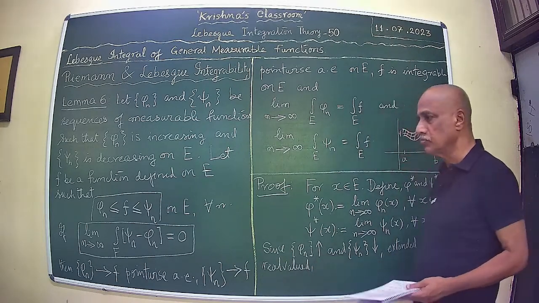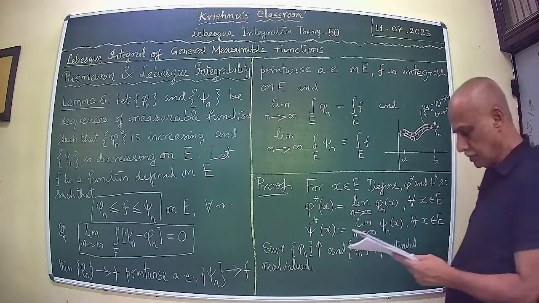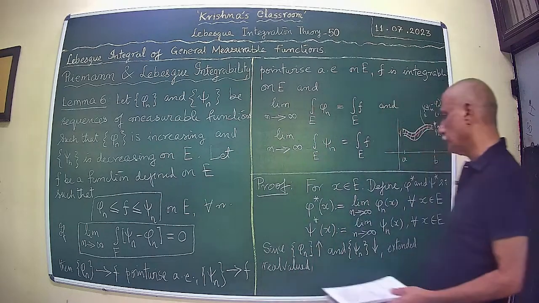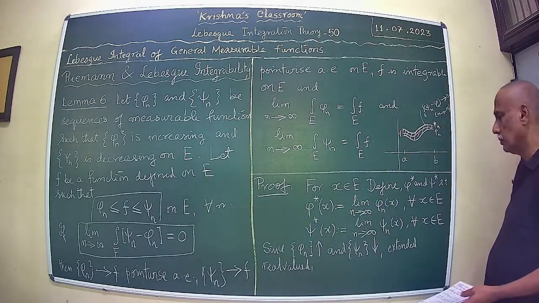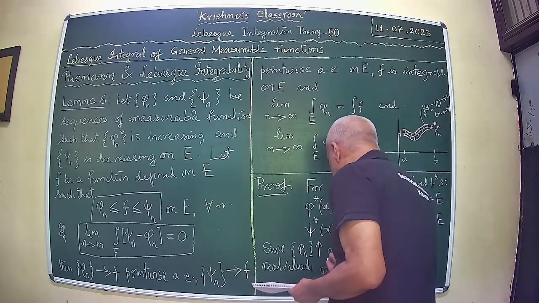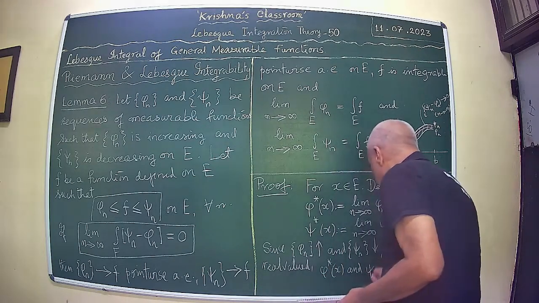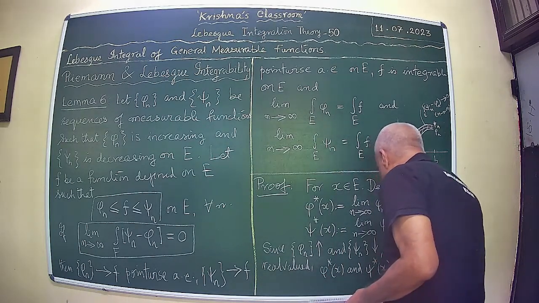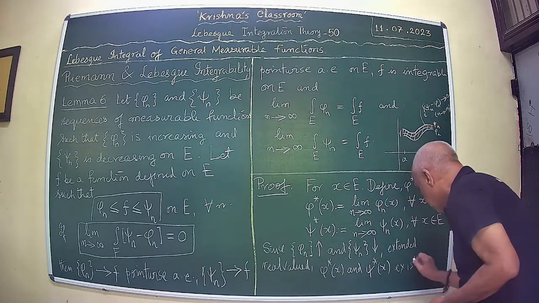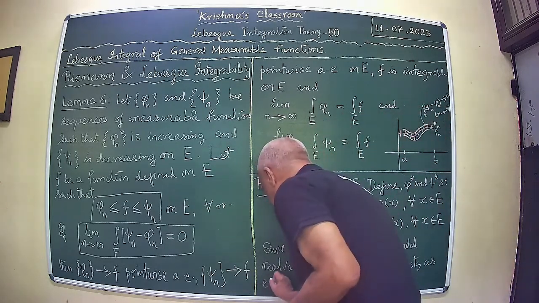R star is R union plus infinity and minus infinity. Both phi star of x and psi star of x exist as extended real values.